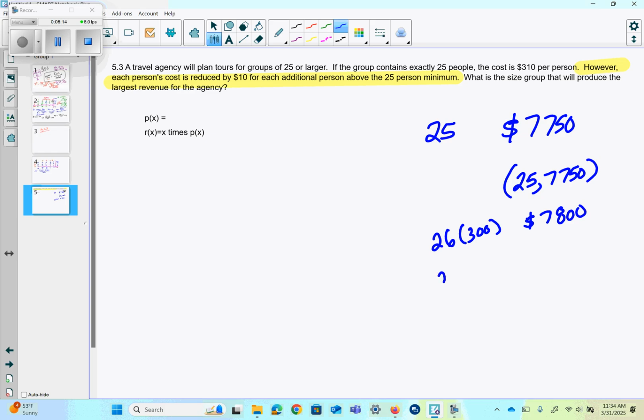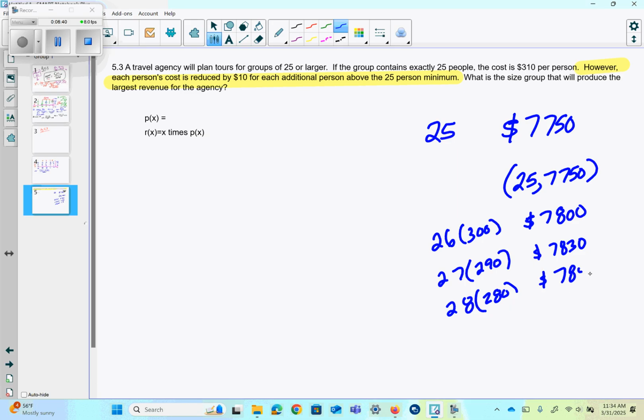Okay, and let's kind of go through. If I had 27, now that means everyone's paying 290, so that's 7,830. And if I did 28 people, that means everyone's paying 280, so that's 7,840.